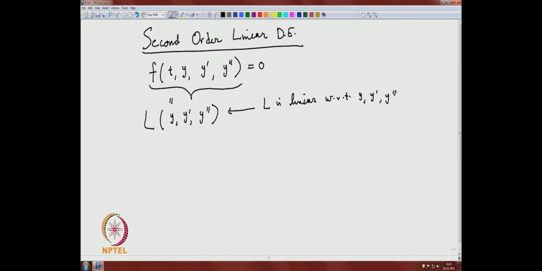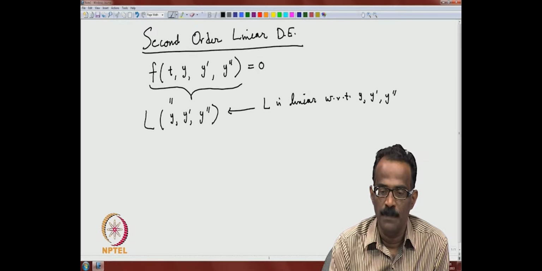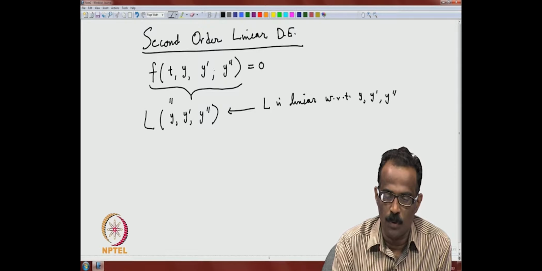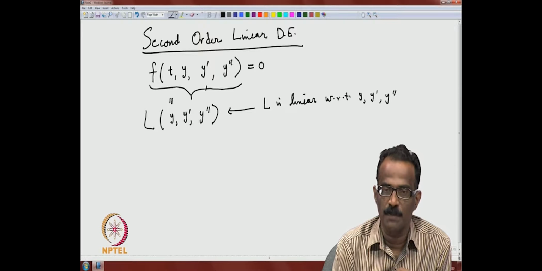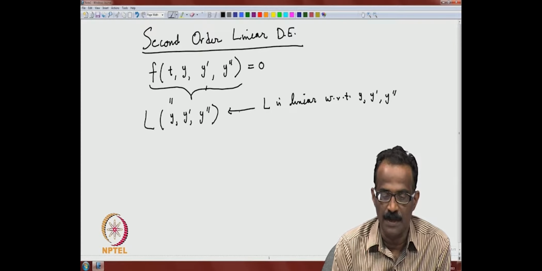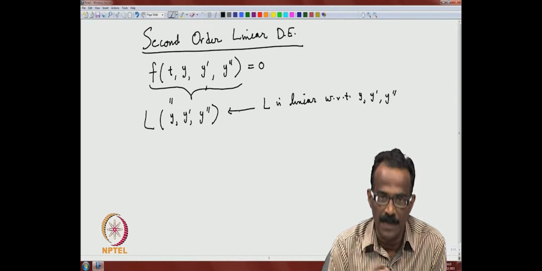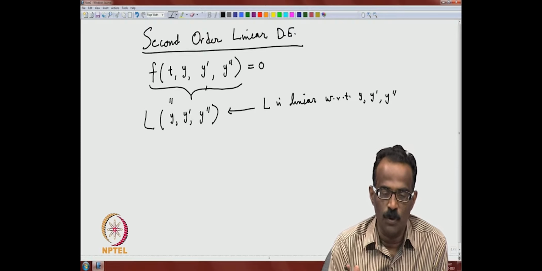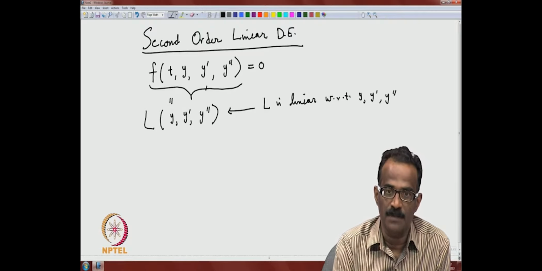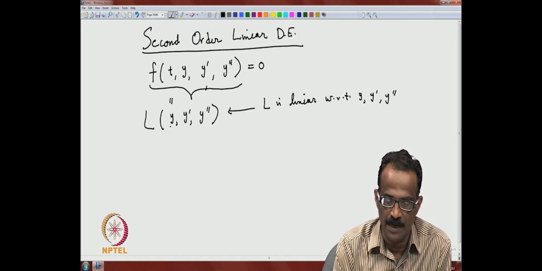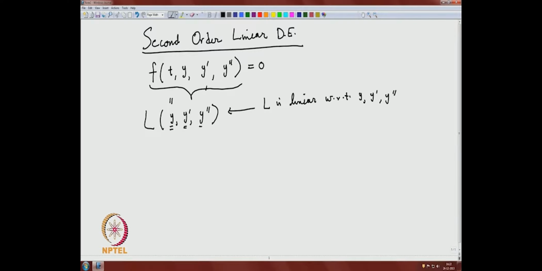Just like in the first order case, where there was no y double prime and we had only up to y prime. We do not demand, as in first order, any linearity with respect to t. So, we have linearity with respect to y, y prime and y double prime.